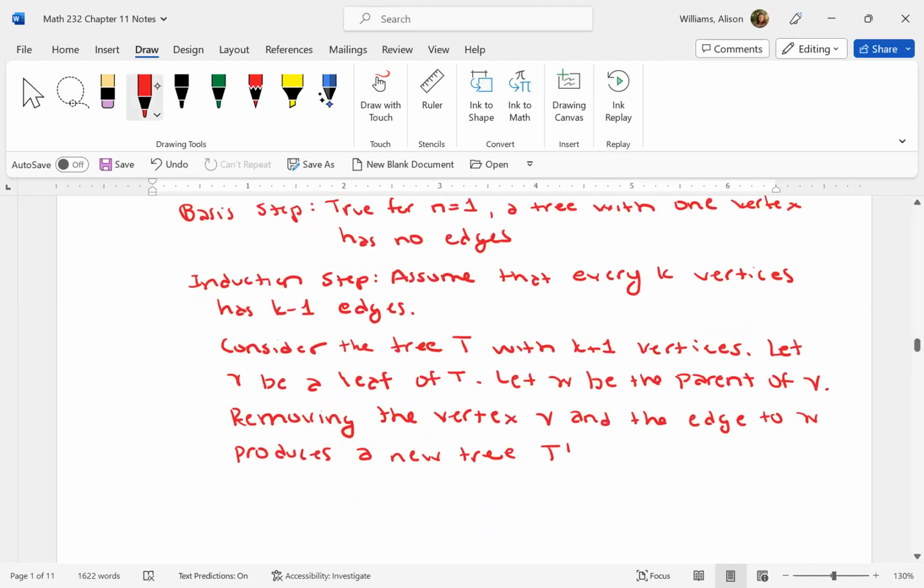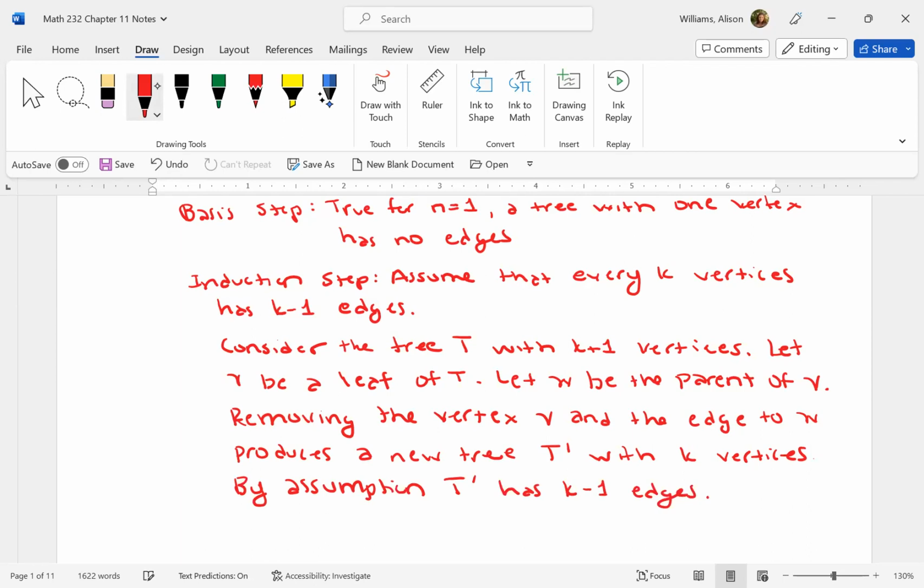And T prime has k vertices, because I just took one away. It had k plus 1, now it has k. So by assumption, what I assumed earlier, T prime has k minus 1 edges.